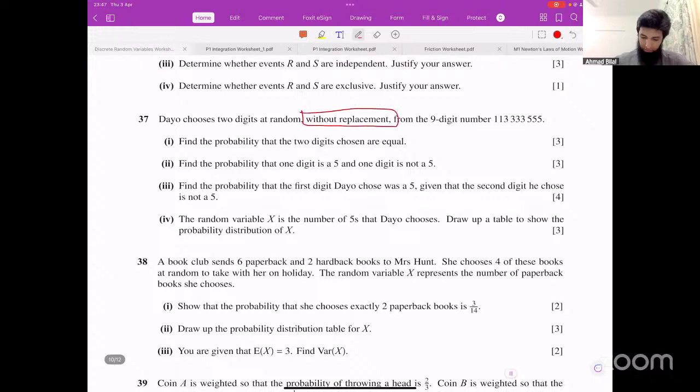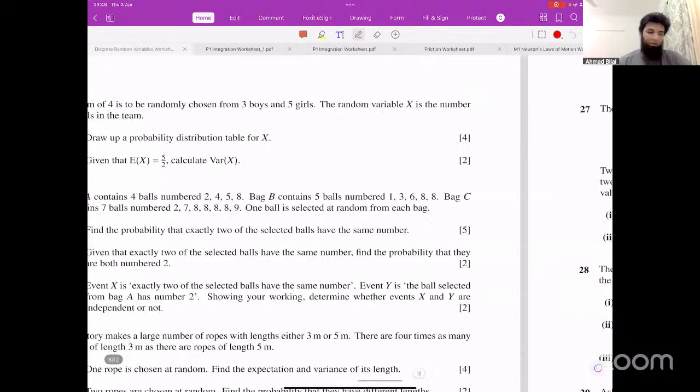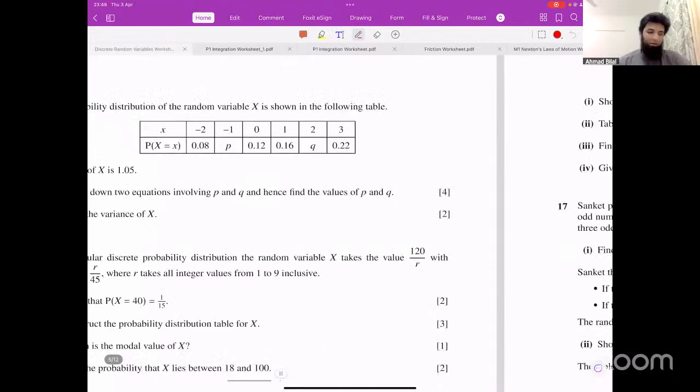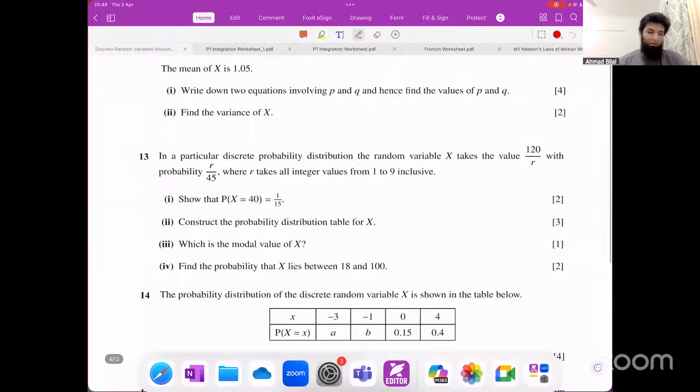So when she has already chosen one digit, the probability next time is going to change, right? When the probability changes, it's not binomial anymore. So no, it's not binomial. You have to do it using simple probability concepts. Make a tree diagram and use that. Okay, let's have a look at this.